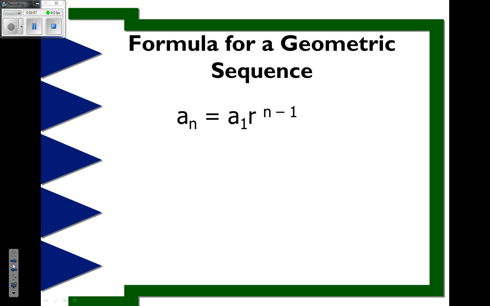The formula for geometric sequence is a sub n is equal to a sub 1 times r to the n minus 1 power, where r is equal to a sub 2 divided by a sub 1.